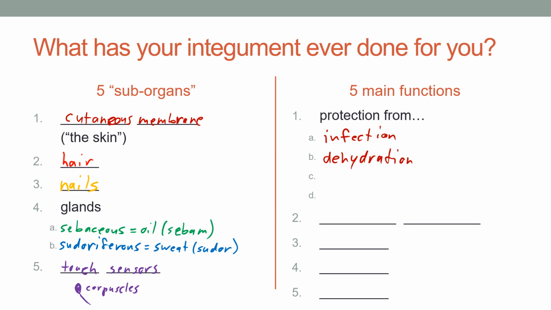Okay, other things that the skin protects us from: abrasion. Remember, there's probably some time in your life when you have fallen on a rough surface and skinned a knee or gotten an abrasive injury to your arm or your elbow or something like that.